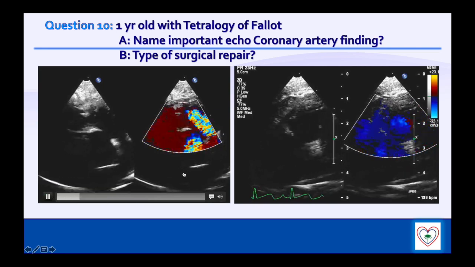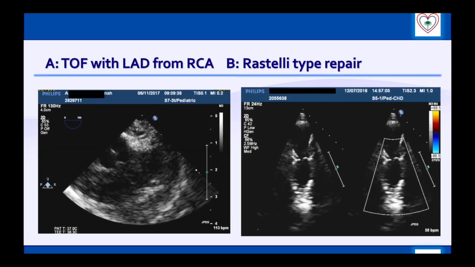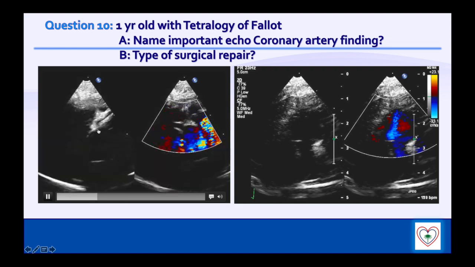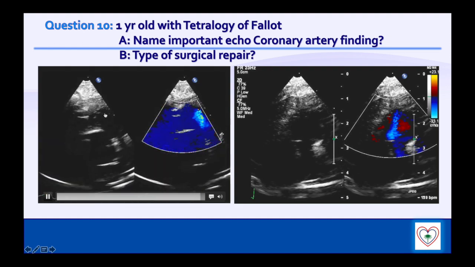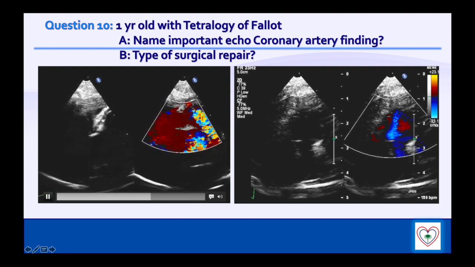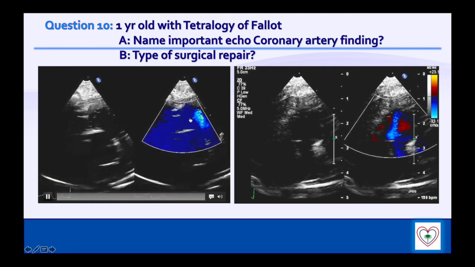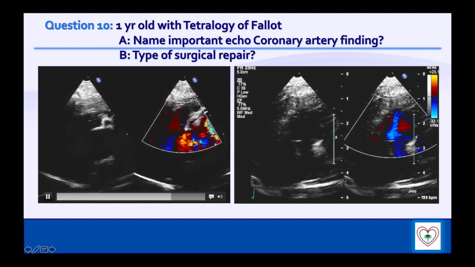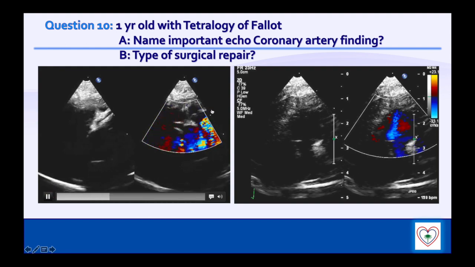So what you notice here is the aorta and the right coronary artery, and there is a significant branch of the coronary artery arising from the right coronary artery and coming in front of the RVOT. So here you have a significant or large branch from the right coronary artery into the RVOT.